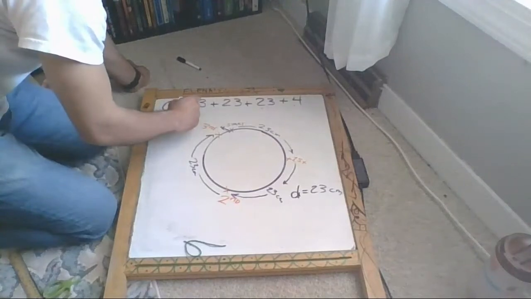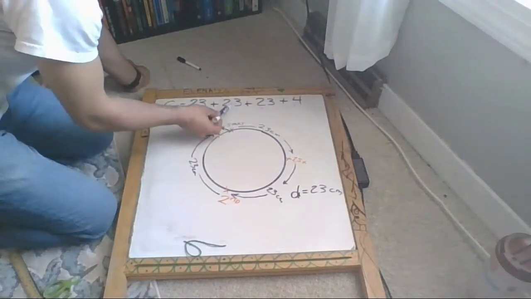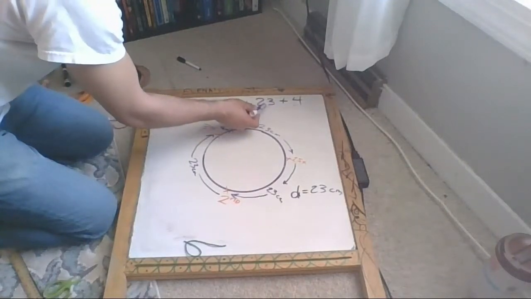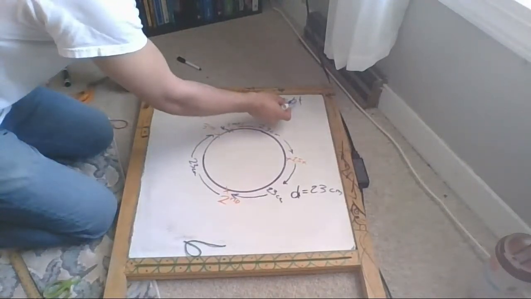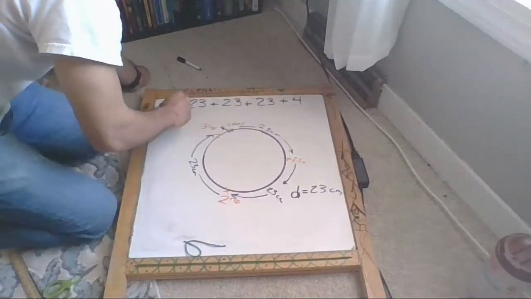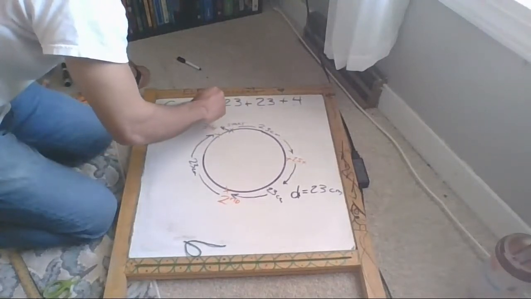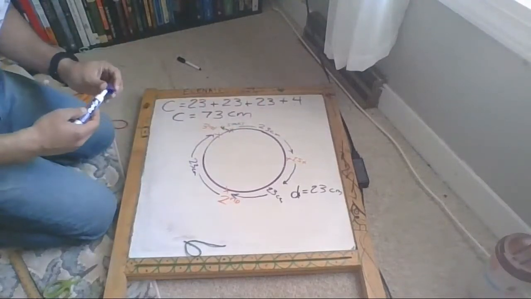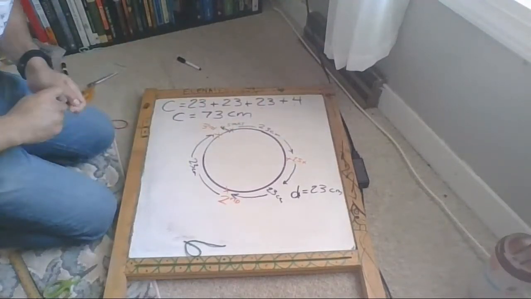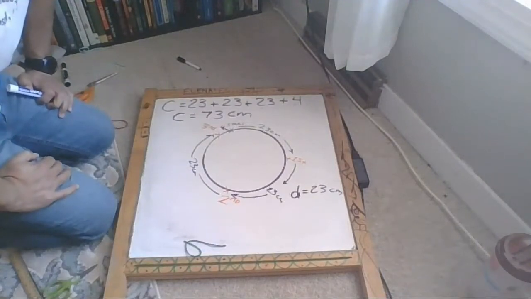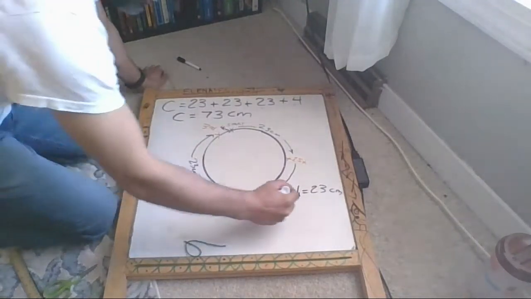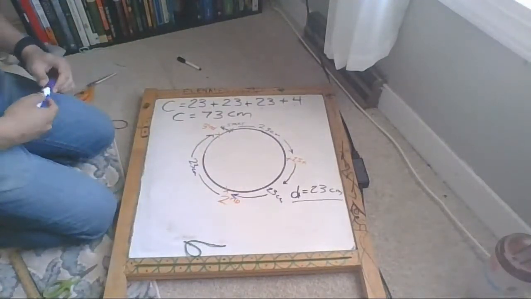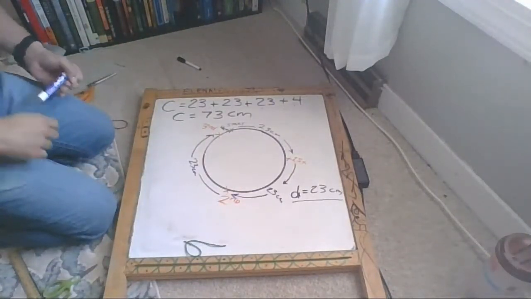My circumference, 23 plus 23 is 46, plus another 23 is 69, plus another 4 is 73. So my circumference is 73 centimeters. Okay? 73 centimeters. My diameter was 23 centimeters, and my circumference was 73 centimeters.